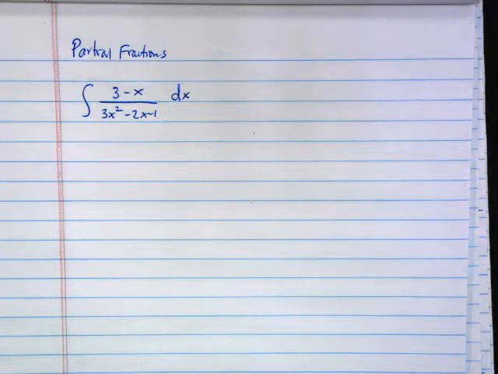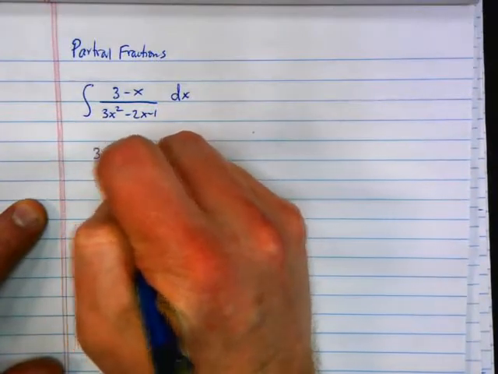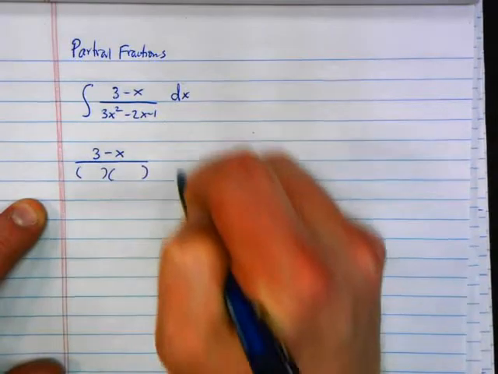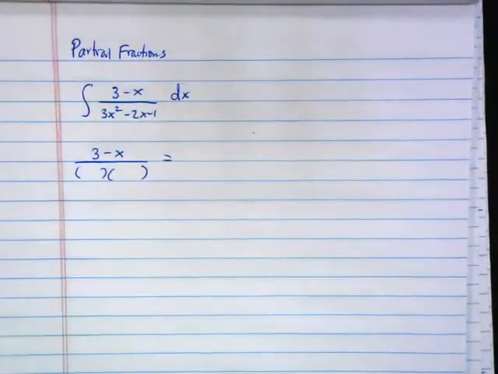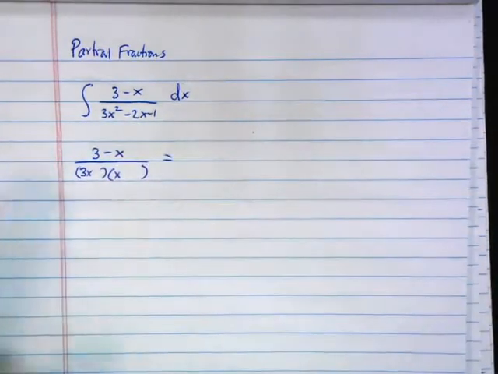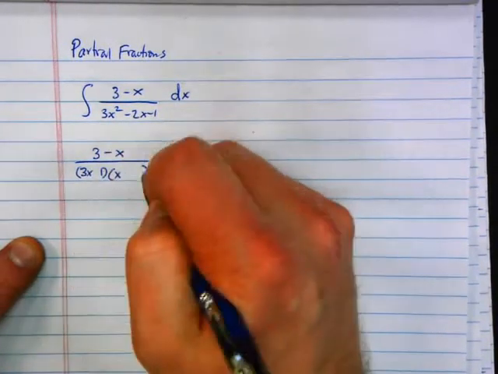So then the next thing I would have to ask myself is, can I factor the bottom? Yes. Okay, so if I can factor the bottom, I can use partial fractions. How does the bottom factor? Well, it's got to be a 3x and an x, and then the only way to get the number 1 on the other end is 1 and 1.